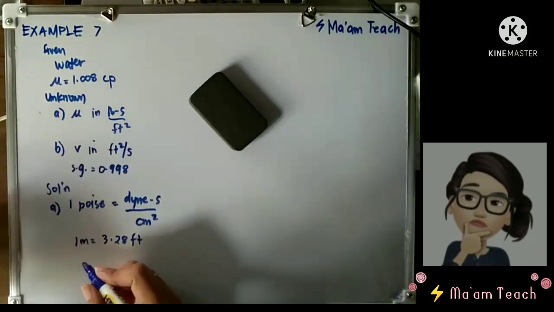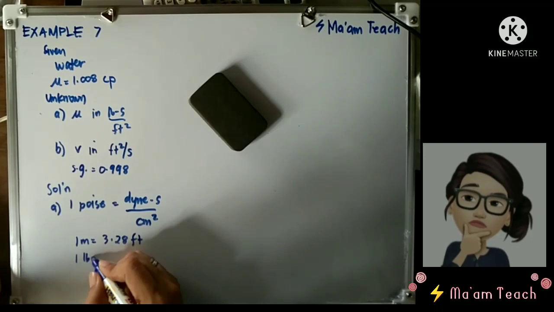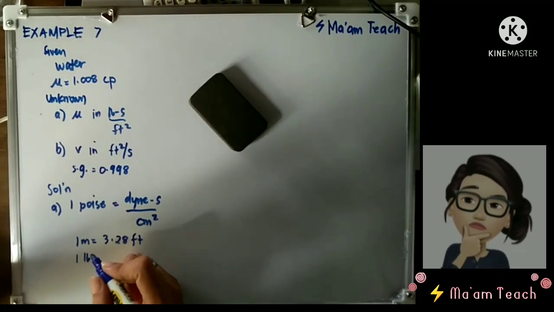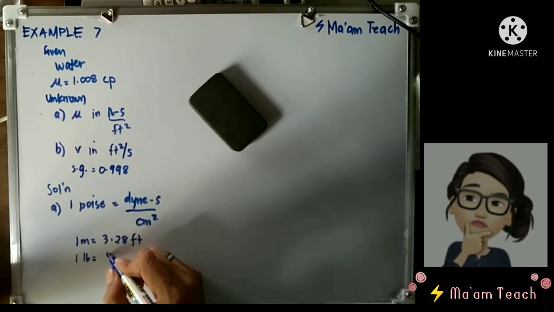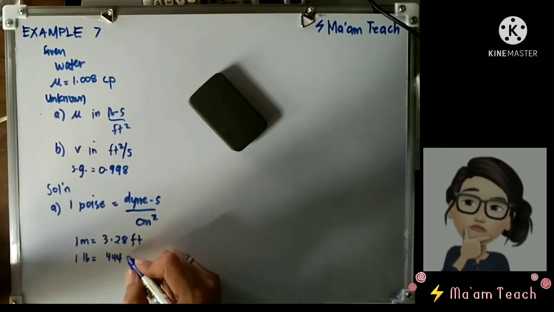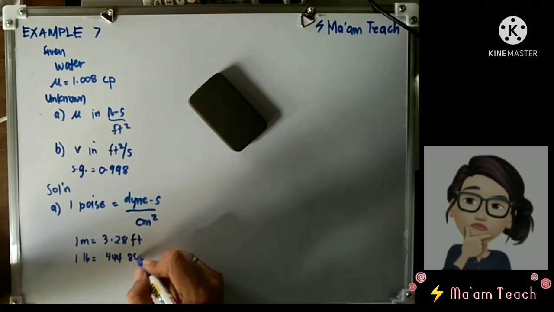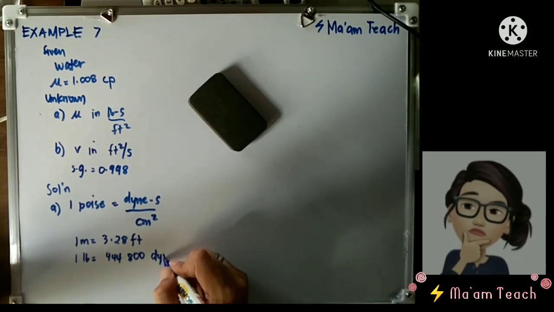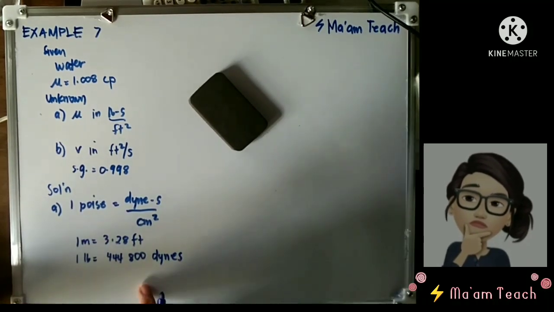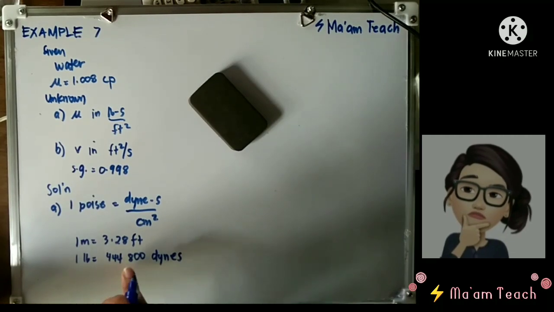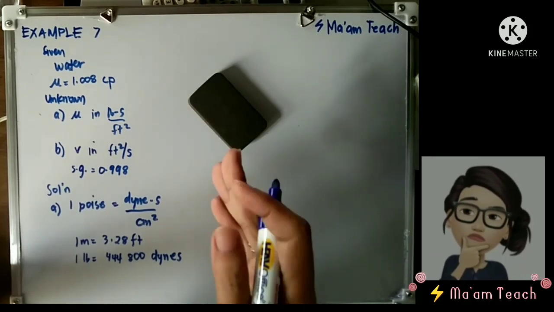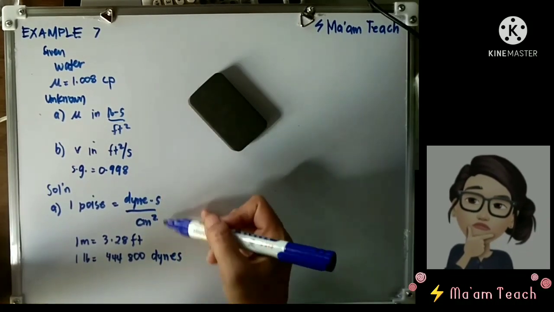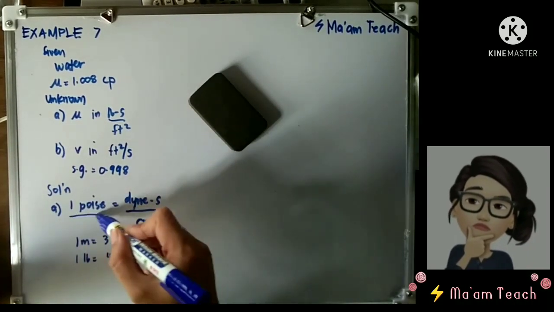If you are familiar, class, I guess in physics we have this value: 1 pound is 444,800 dynes. That's the value. Take note, class, that dyne second per square centimeter is equivalent to 1 poise.